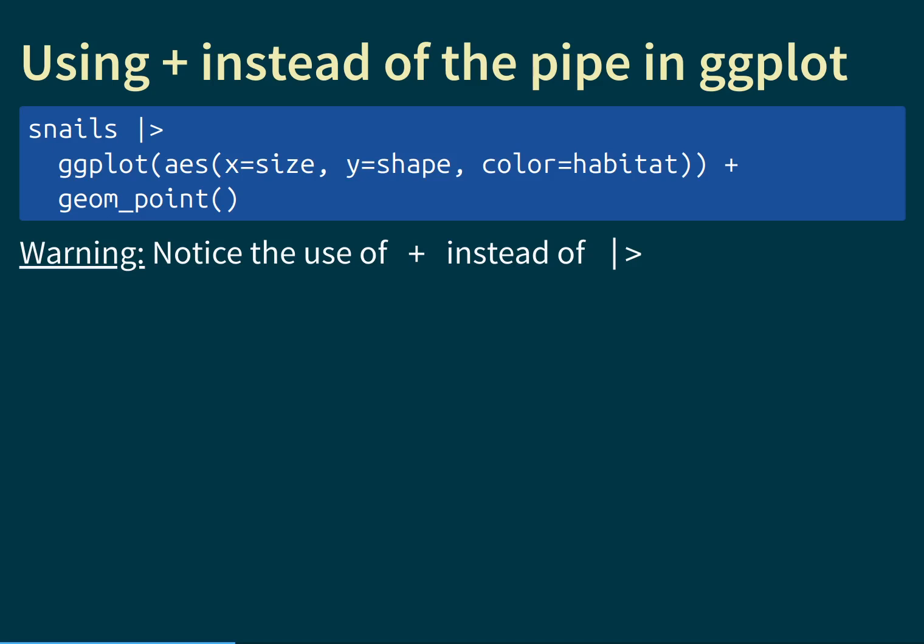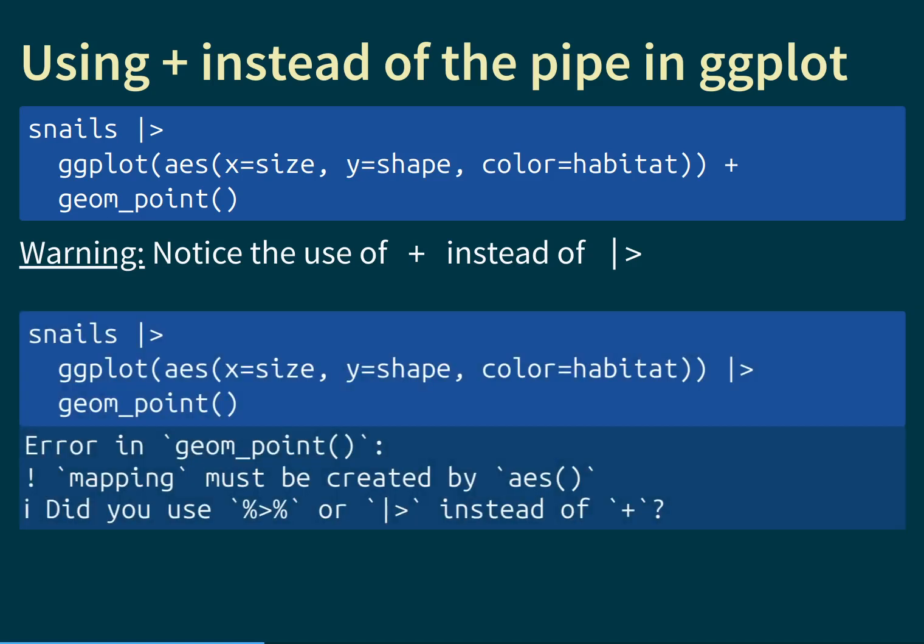Unfortunately, writing the pipe does not work. If we try to write down the pipe instead of the plus symbol, we get an error message, and it's kind of a helpful error message, fortunately. As you see in the last line of that error message, did you maybe use the pipe operator instead of the plus symbol? That's what you will see if you make this mistake, so then you can just fix it.